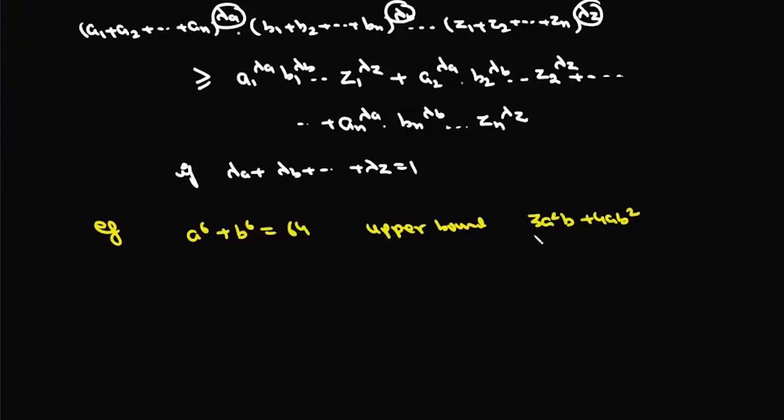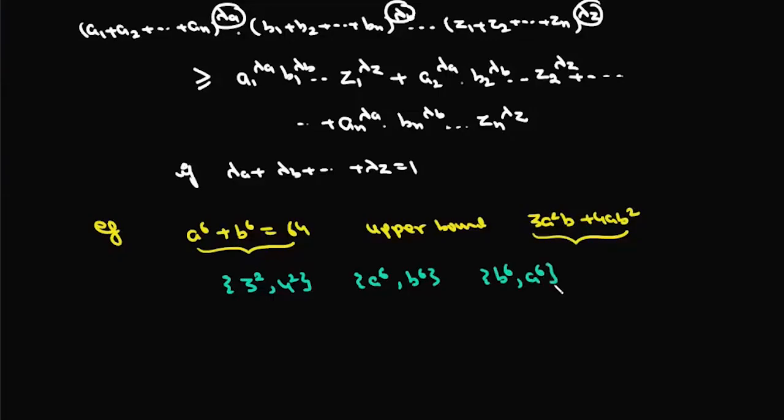So in this problem we have to establish an upper bound for this expression when we are given that a⁶ + b⁶ is equal to 64. For this question we will consider three sequences. First one is 3, 4. Second sequence is a⁶, b⁶, and the third sequence is b⁶, a⁶.